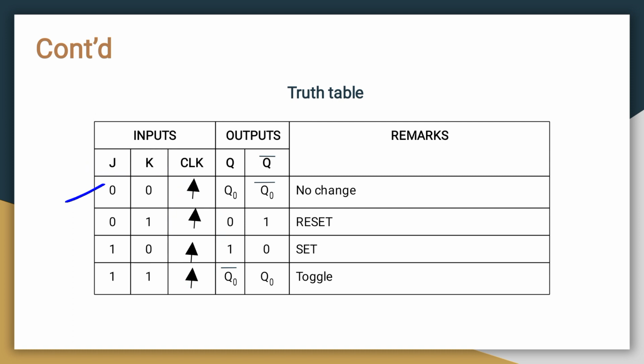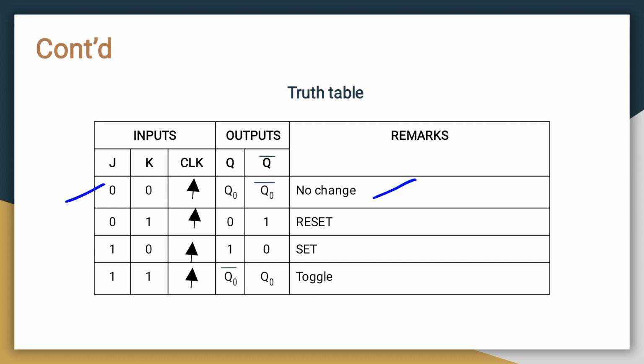So next, come to the truth table. If both J and K are 0 0, with the rising edge of the clock there is no change in the flip-flop. That means if it is in a set state, it stays in the set state. If it is in a reset state, then it will be as it is, right? So there is no change.